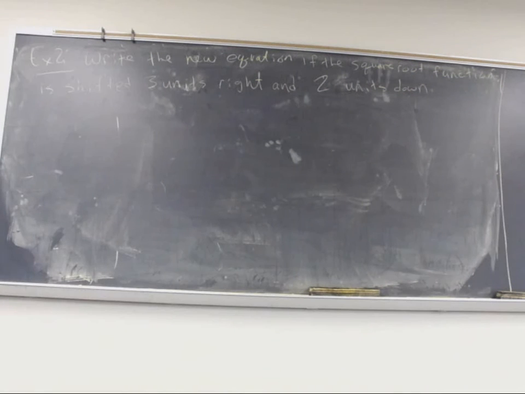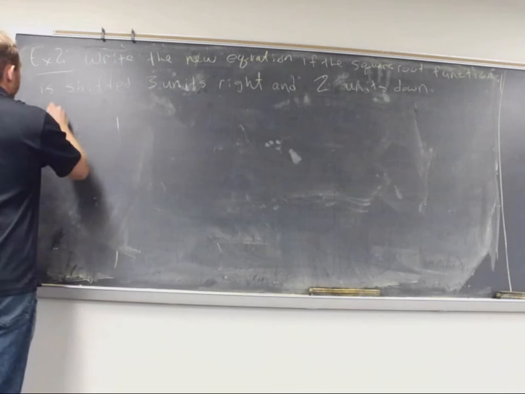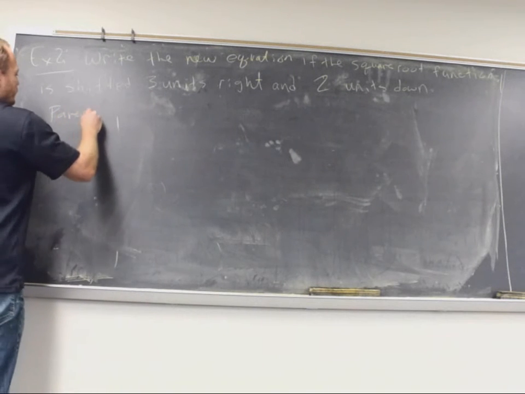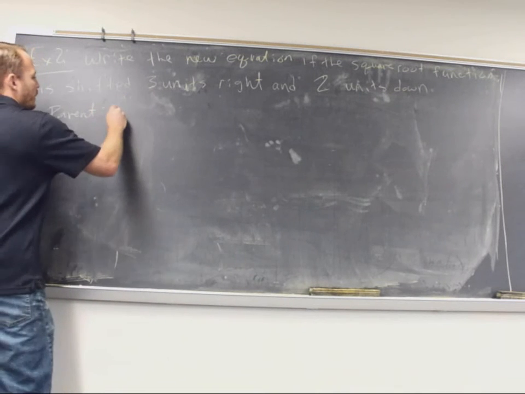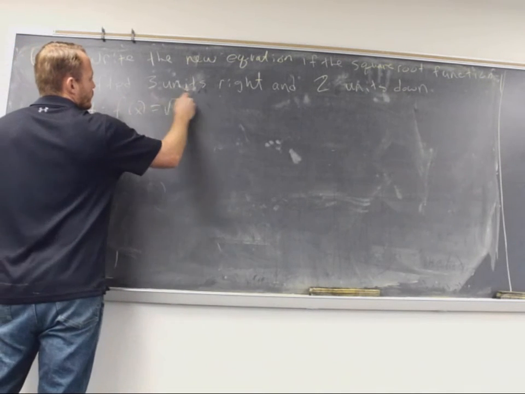All right, I encourage you to pause the video and try this yourself. So let's write down what we know here. The parent function, we'll call it f of x, is the square root of x.